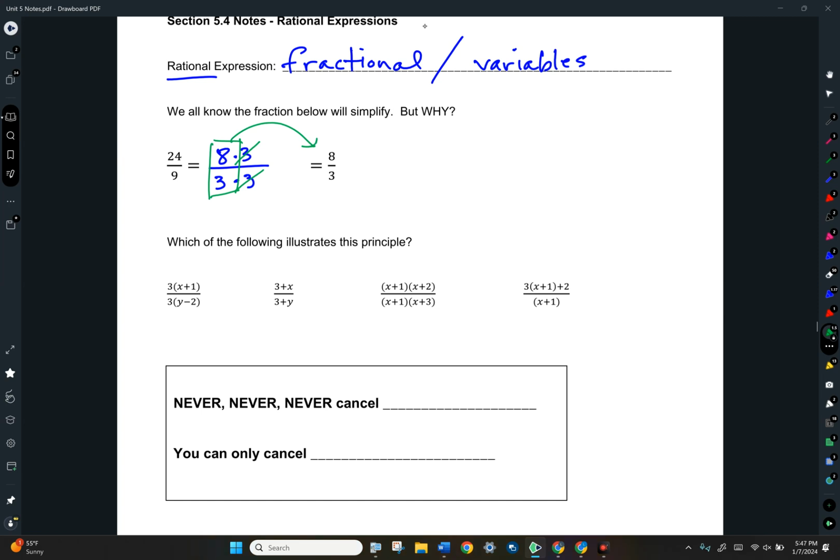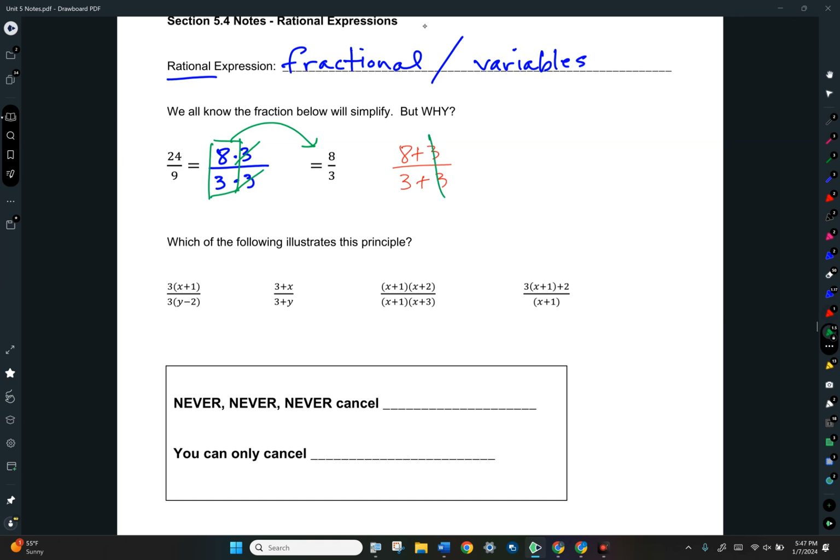That's not true if you had an addition problem. So if you had, for example, 8 plus 3 over 3 plus 3, these are not factors because they're not being multiplied. They're called terms. If they're being added or subtracted, then it's called terms. So it's not okay, so put your pencil down and don't do this.